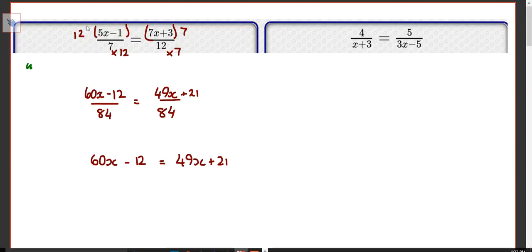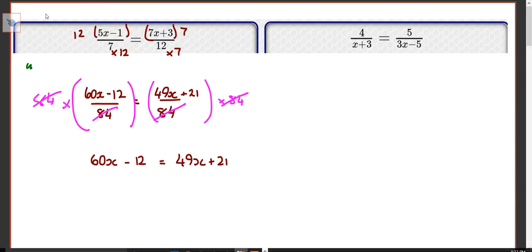There is another way to think of it, which is if I were to multiply this whole thing by 84, that would get rid of the divide by 84. But if I do it to one side, I have to do the same to the other, which gets rid of it there as well. So either there's the logical approach, denominators are the same, numerators have to be the same, or the more operational approach, whatever makes more sense to you.